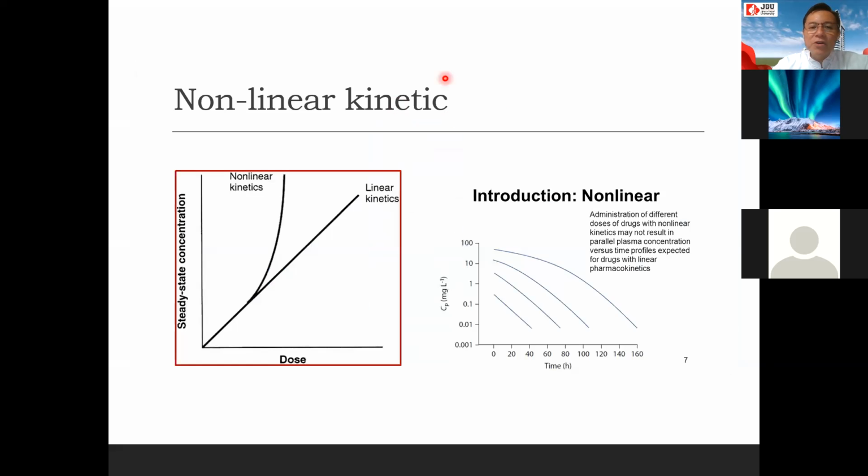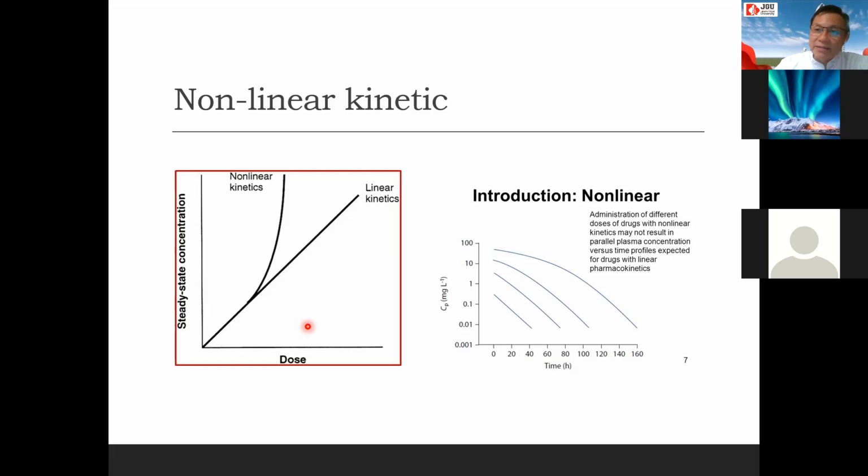So now, non-linear kinetics again. Normally, you remember in phenytoin there is a Km and Vm, Vmax. Vmax is the maximal capacity of metabolism.